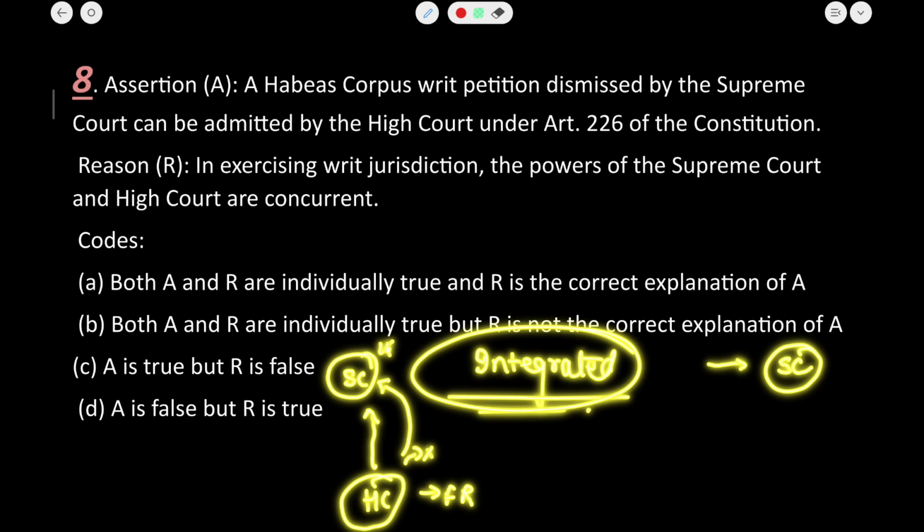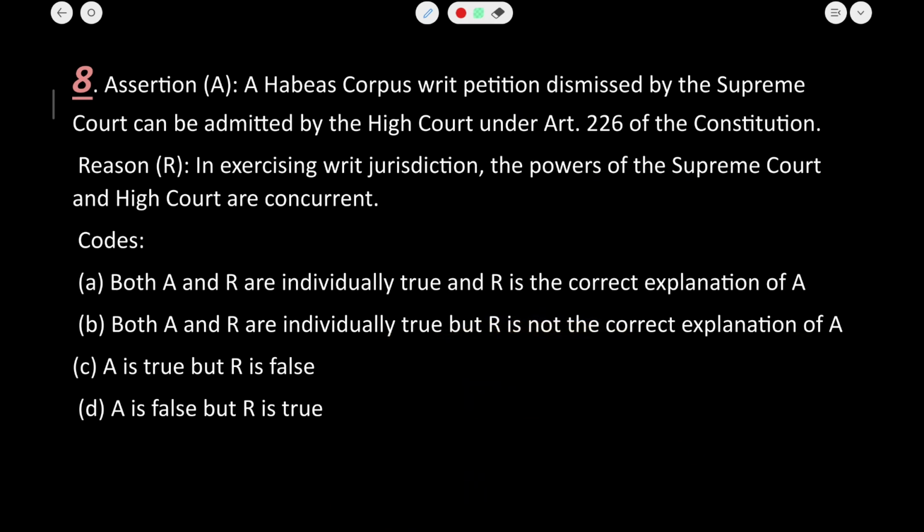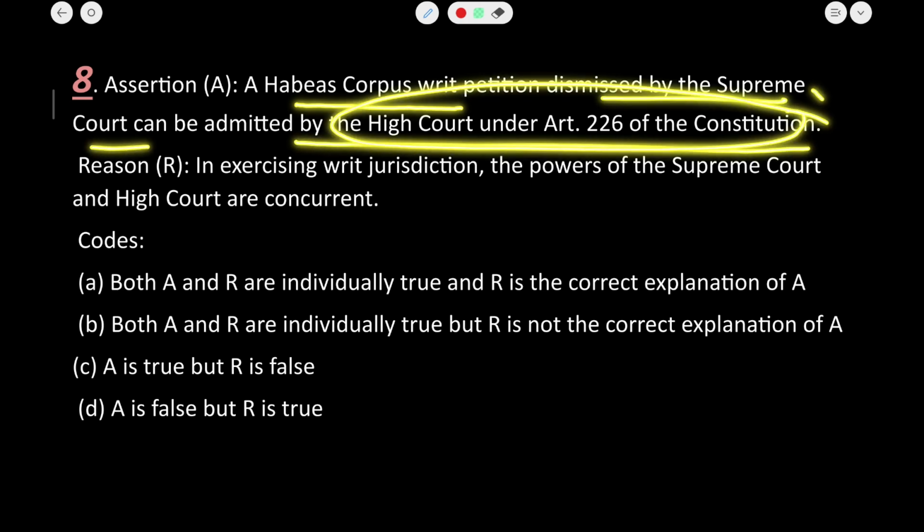But we have seen under Article 141 of the Constitution that the decision of the Supreme Court is final and binding on all the courts that are there in our country, may it be high courts or may it be subordinate courts. So if a writ petition is dismissed by the Supreme Court, it cannot be admitted to the High Court under Article 226 because the Supreme Court is the ultimate interpreter.